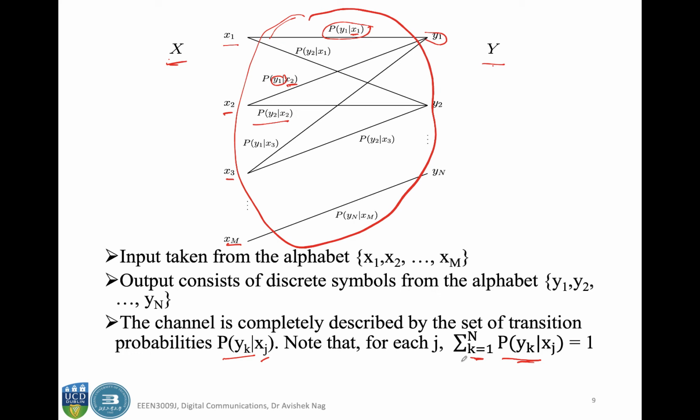So this is the property of the transition probabilities. So this is a general case of a discrete memoryless channel.